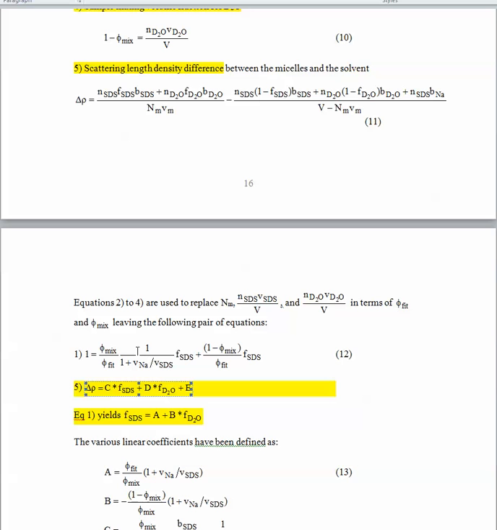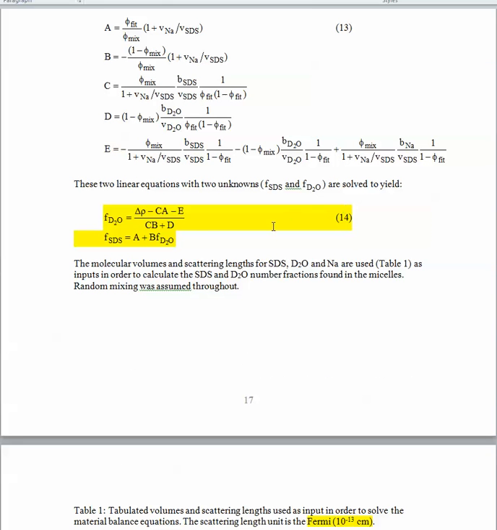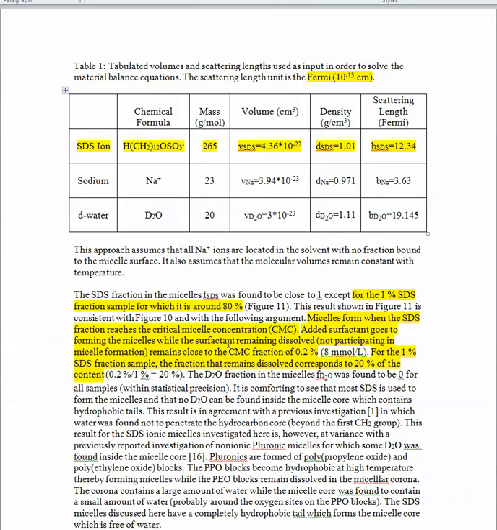We still have equation 5, so combining these two, we get a linear equation. So we can plot the STS fraction inside the micelle in terms of all of the other parameters. So solving this, we get the volume fraction of water, heavy water, and STS inside the micelles.